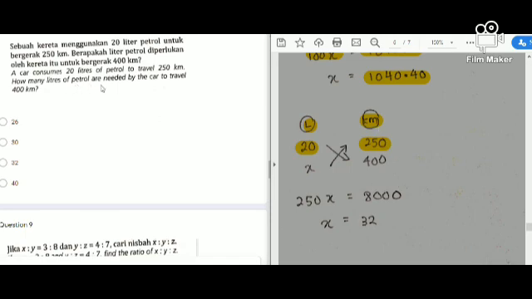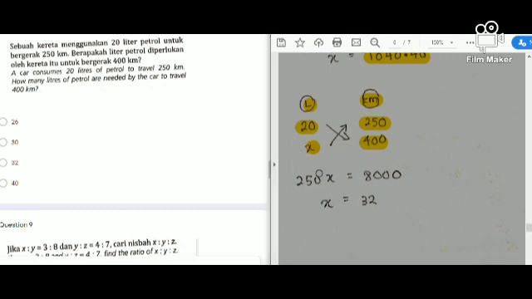How many liters of petrol are needed by the car to travel 400 kilometers? So in this question, it gives you 400 kilometers, but it does not mention liters. So when you don't know, put X. So now, all you need to do is just cross multiply. X multiplied with 250, you will get 250X.